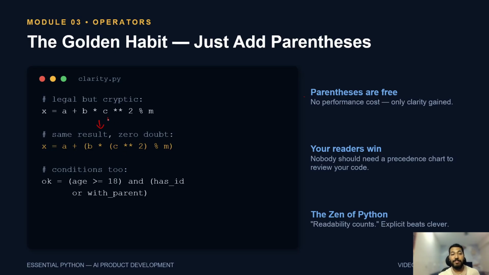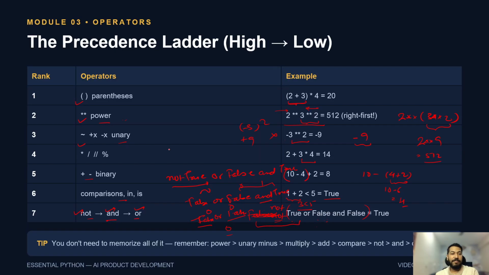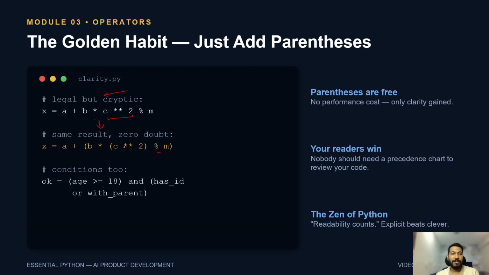We'll be performing this first because in the case of power, the order will be right to left, right? But we need to compute this first, c to power 2, c square, then it will multiply with b, because multiplication will get, no, I think after that this will get the preference. Modulo will get the preference. Let me see. Modulo, I think both are at the same level. You can do the multiplication or modulo, nothing is going to change, right?